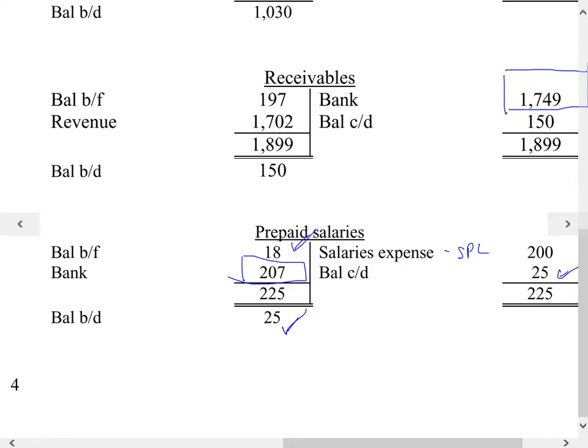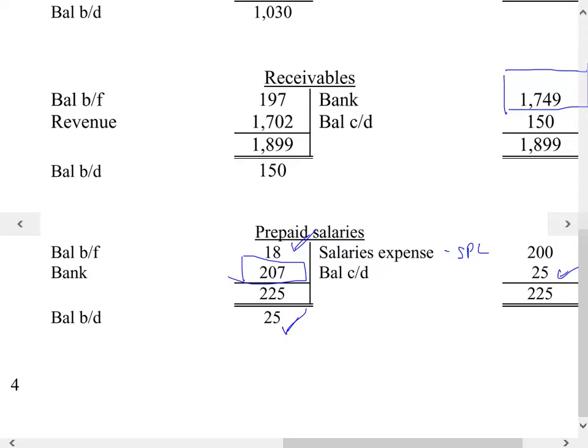So we find the balancing figure. We actually paid salary 207. Salary expense is 200, but I paid more, 207. So my prepayment increased by an additional 7. You check, 18 now becomes 25. Prepayment has increased by 7 because I paid more. So 207, you put it in your cash flow.